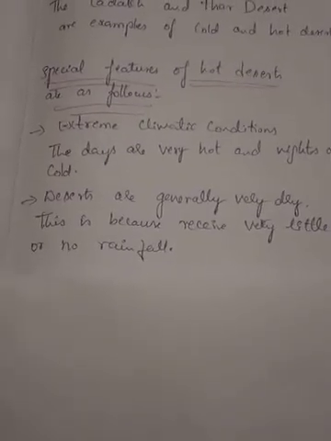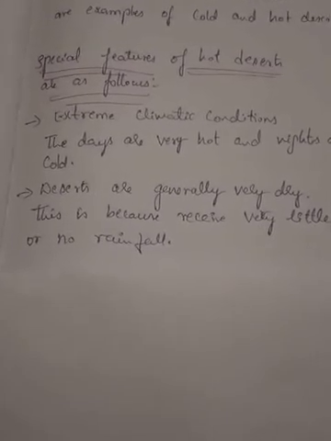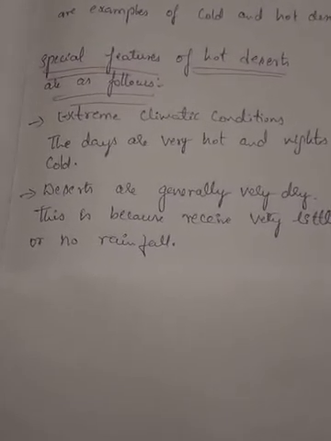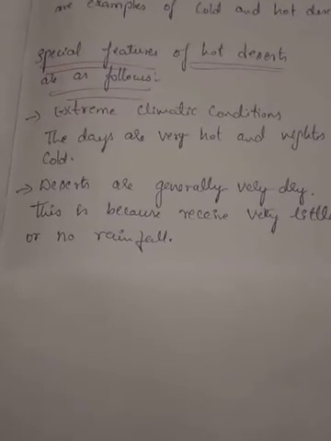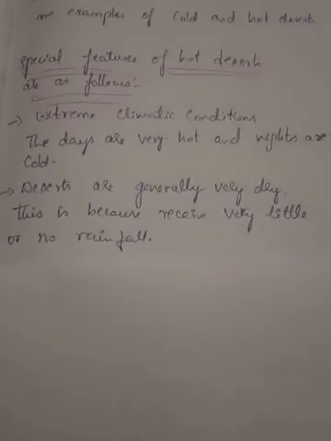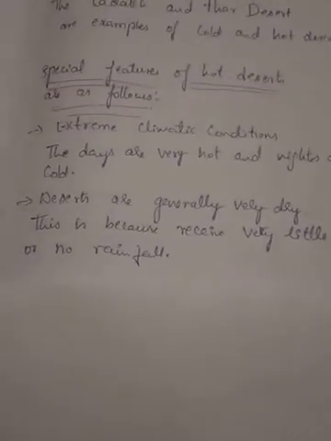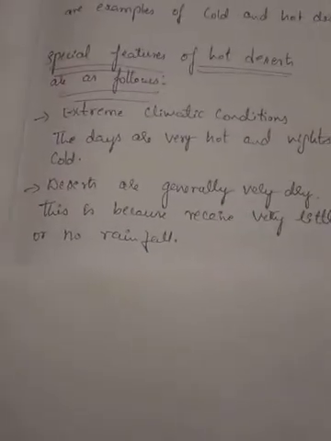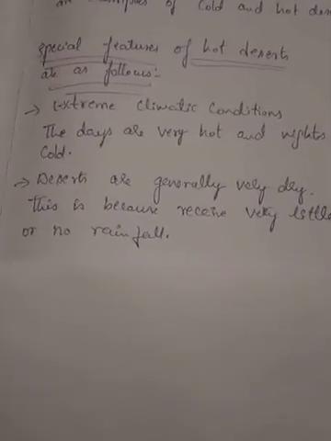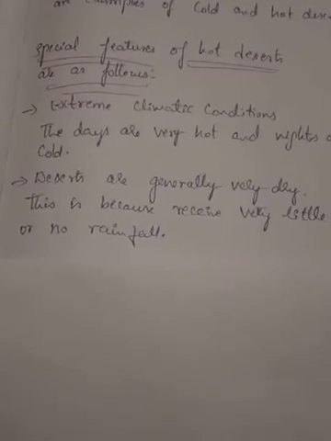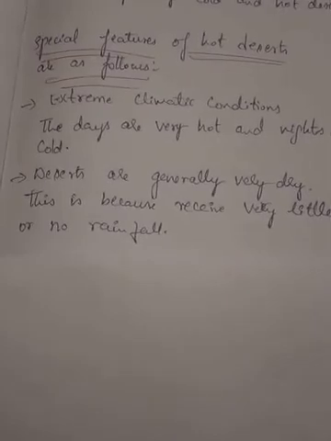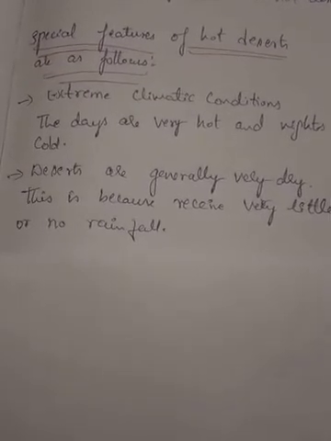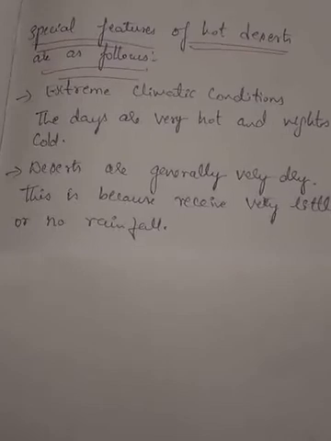Now we'll have a quick look at the highlights of this hot desert region. Basically, they have an extreme climate condition. It is very, very hot during the day, and during the night it is cold. Generally this area is dry, receives little rainfall, and has little greenery. Deserts are of two types, cold and hot.